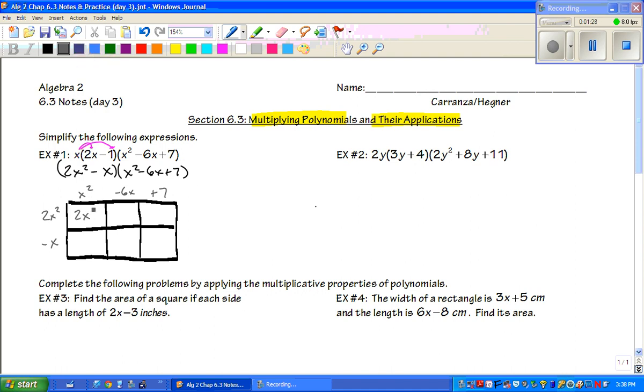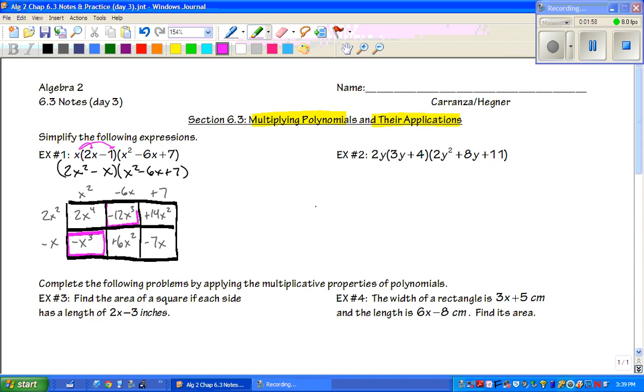So we get 2x to the 4th minus 12x cubed plus 14x squared, minus x cubed. A negative times a negative is a positive 6x squared. And then negative 7x. So now let's go ahead and try to find our like terms.